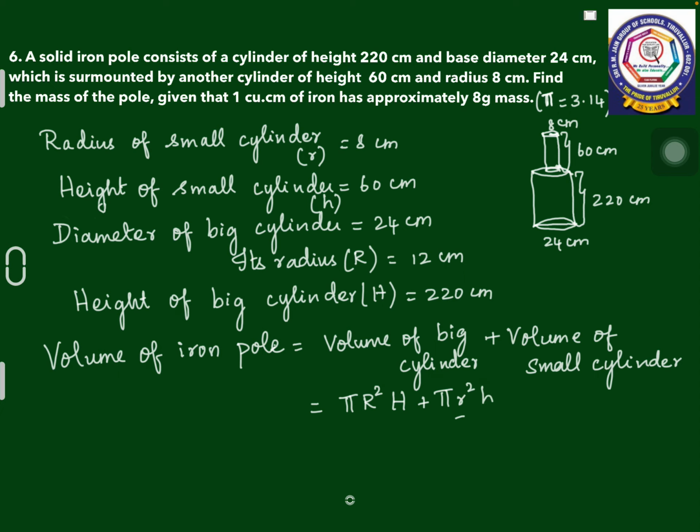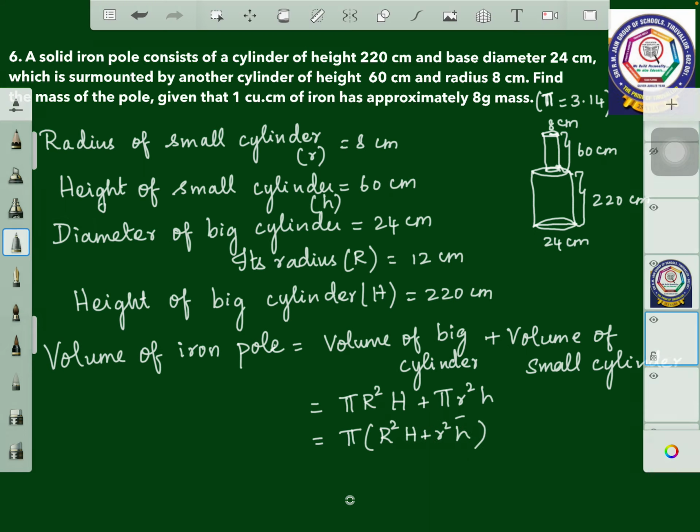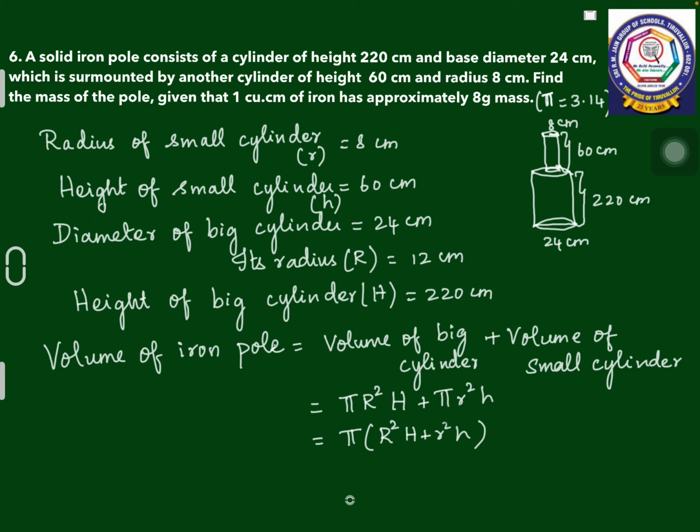Why did I use capital R and capital H for the big cylinder? Because its radius and height are bigger, and small r and small h for the small cylinder because its radius and height are smaller. Pi is common, so I take pi common: R squared H plus r squared h.